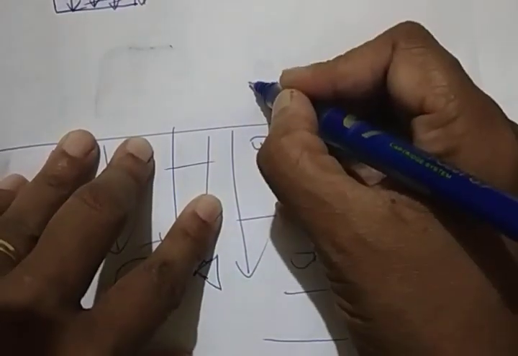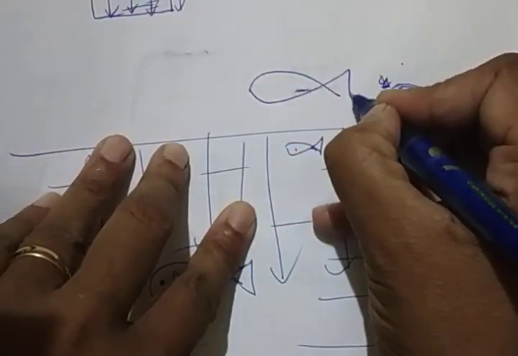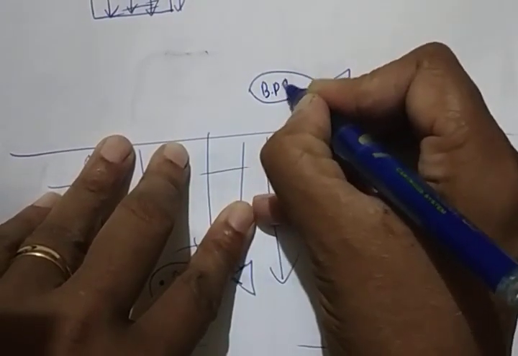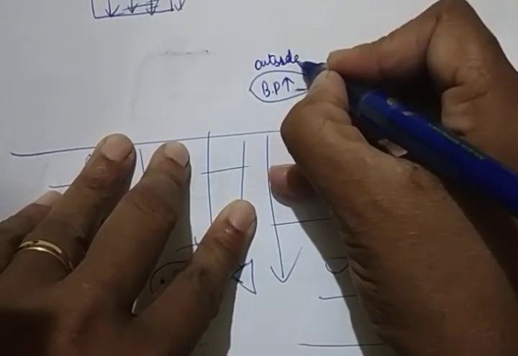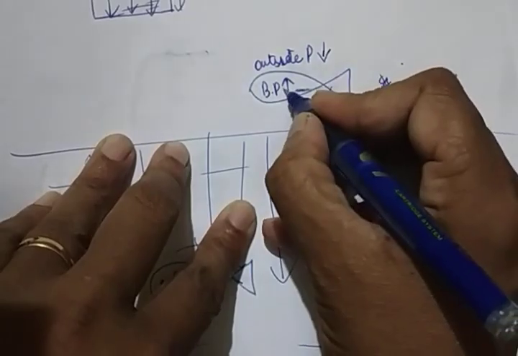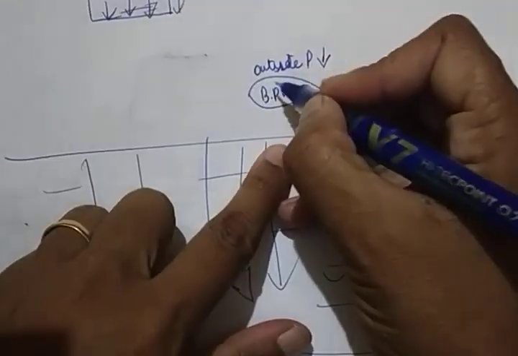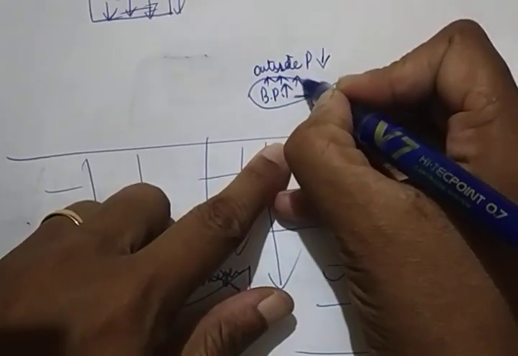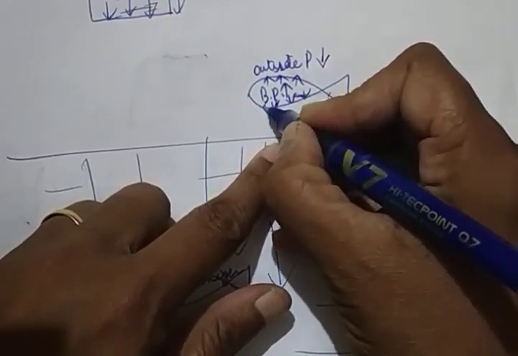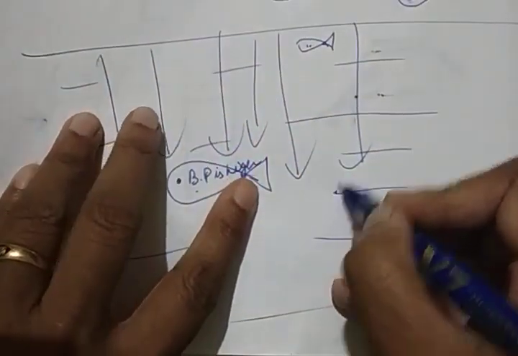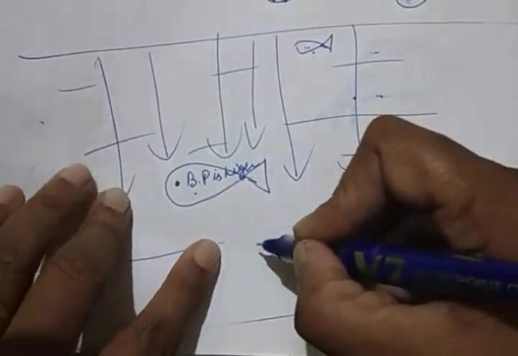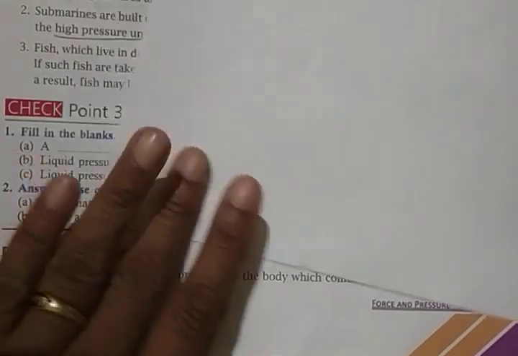So what happens? Their body will burst, as if something from inside is pressurizing it. A fish at the top, when it goes deep inside, can get crushed, and a fish that is down, when you bring it outside, gets burst. Hope you understand these two things.